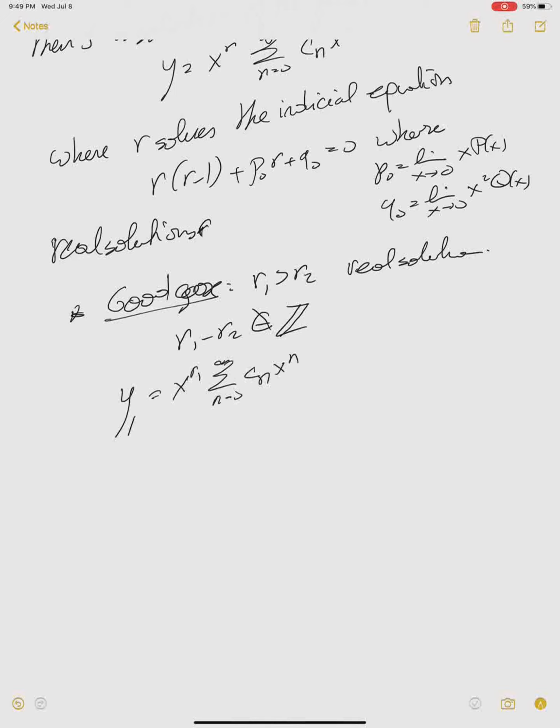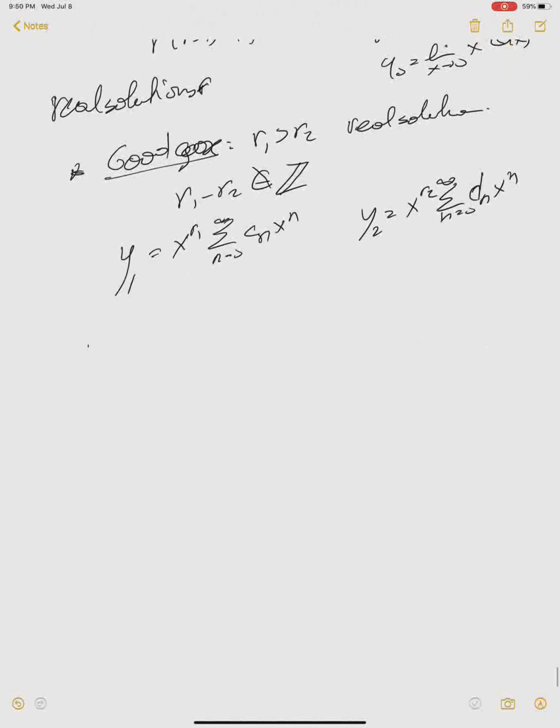This is the first Frobenius solution. And y2 is x^r2 summation from n equals 0 to infinity d_n x^n. So I have one solution for each index.